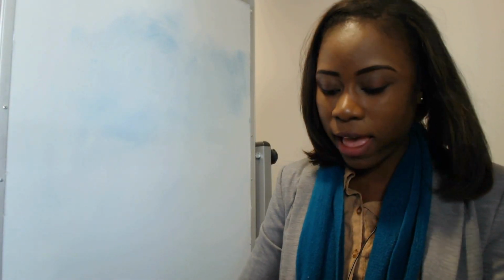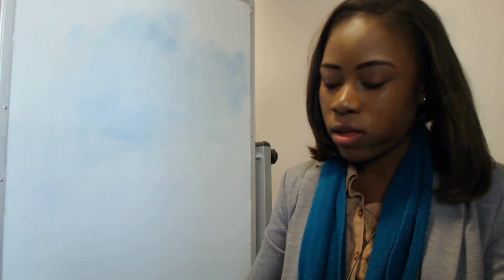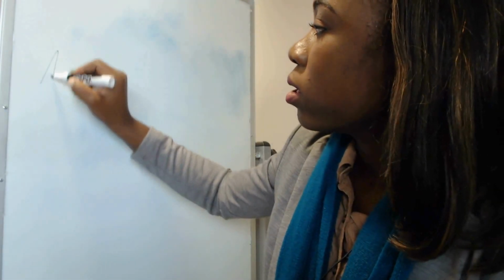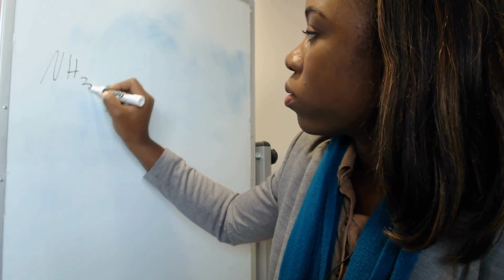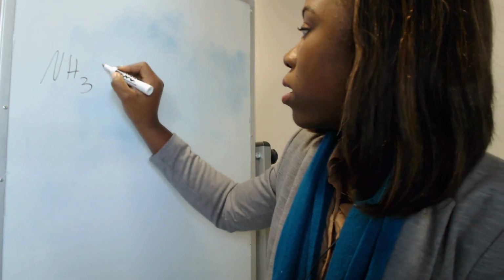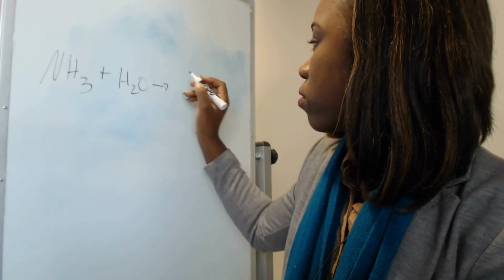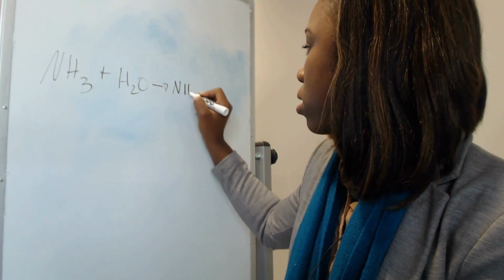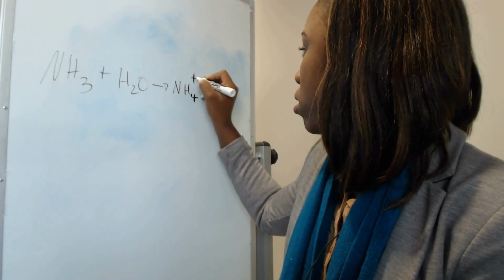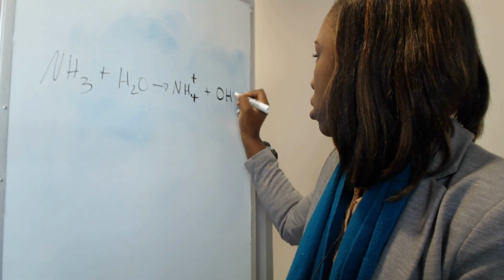And let's say I have ammonia. We use ammonia as a typical example. So we have here NH3. Ammonia is considered to be a base, by the way, plus water. It's gonna give us NH4+ plus OH-.